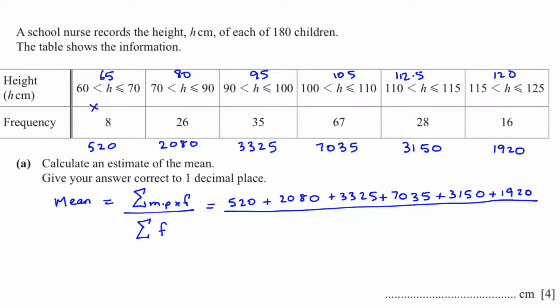We know that the total frequency is 180, so we divide it by 180. This will give us 100.166. So if you round it to one decimal place, it is 100.2 centimeters. That's your mean. This is a very common question. You need to understand and learn it so that you get your full marks for it.